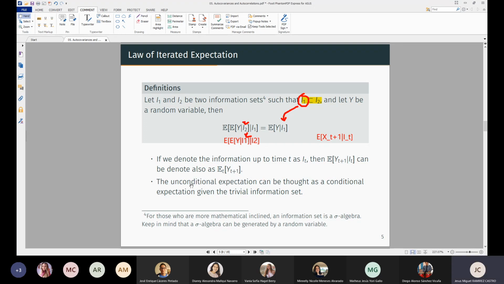Okay. Now, the unconditional expectation can be thought of as the conditional expectation given the trivial set of information. So we have conditional expectations and unconditional expectations.